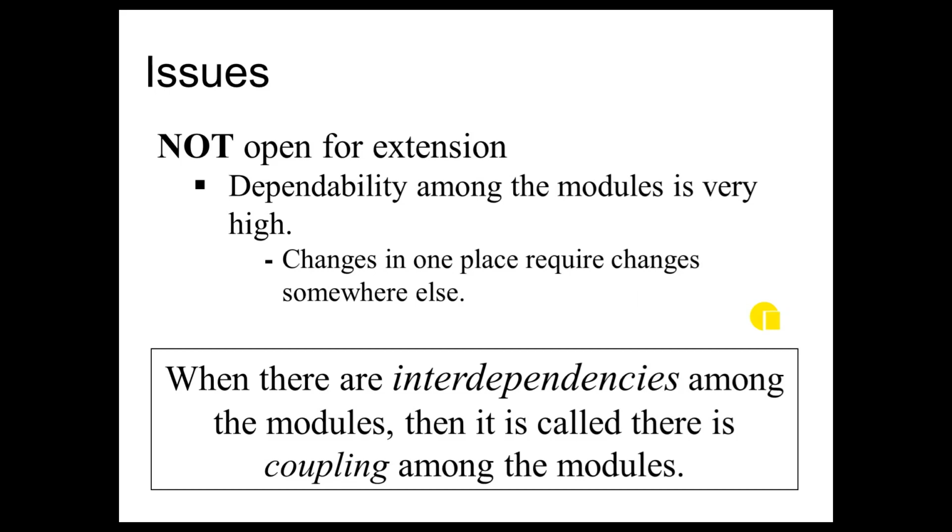In general, this design is not open for extension. In particular, there is very high dependability among the modules. We can present this sentence a little bit differently: the changes in one place require changes somewhere else.